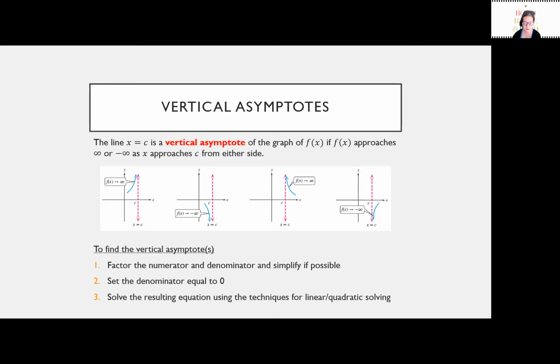So this is what I said about the line that we sometimes indicate with dashed lines where the asymptote exists. For a vertical asymptote, it's a vertical line, and the equation is x equals a number, because that's the equation of a vertical line. We learned that back when we were learning about linear equations: vertical lines are x equals whatever the number is.